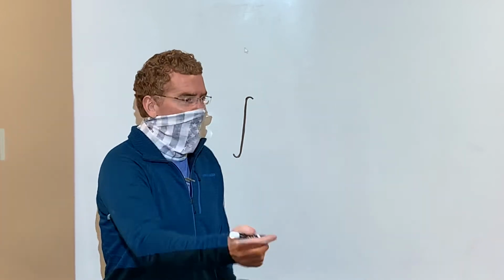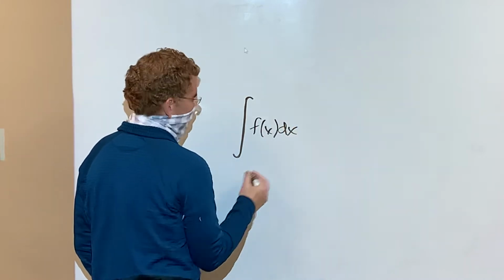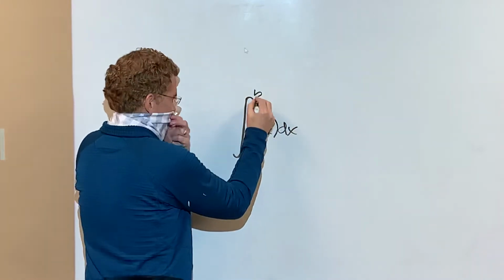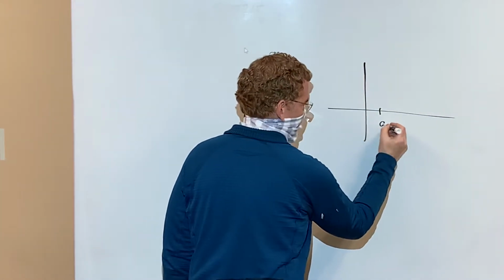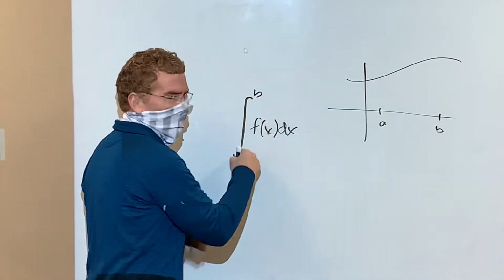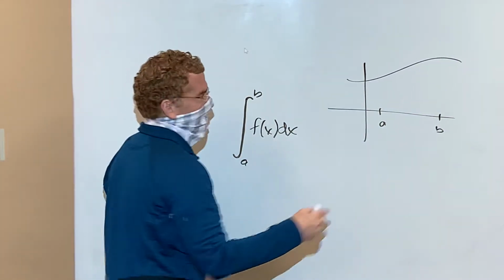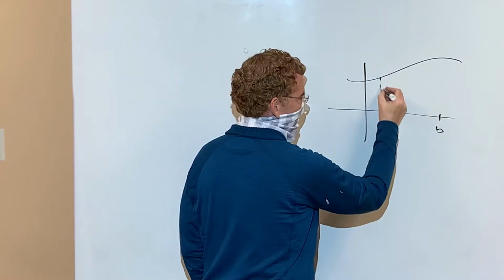But I'll tell you, when you integrate some function with respect to x, from some x value to some other x value, and I'll just illustrate that real quickly here. Say this was a and this was b, and this was your function. When you integrate a function, what you're really finding is the area between that curve and that x-axis.